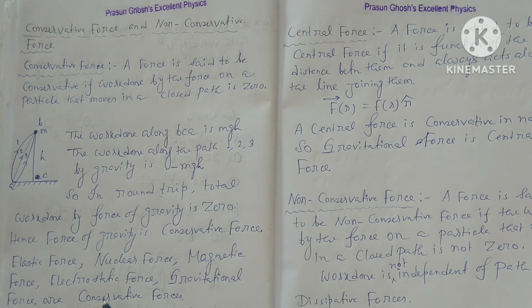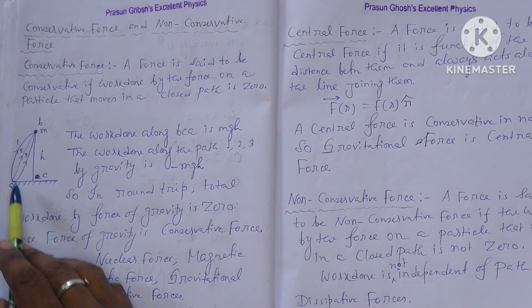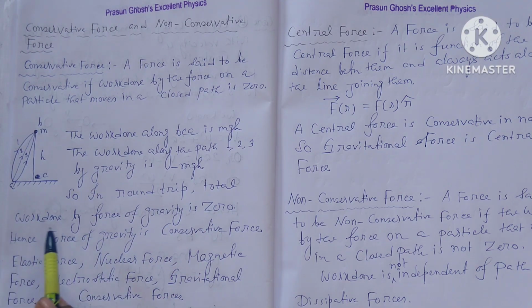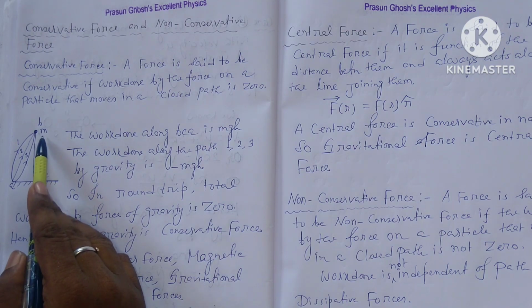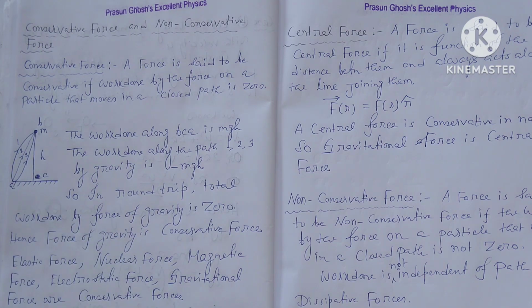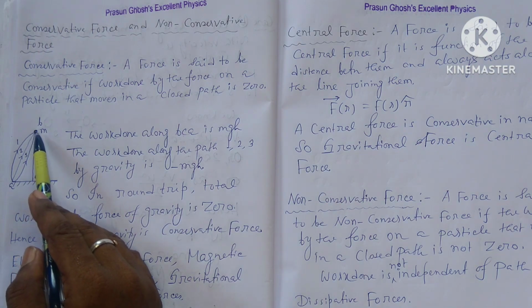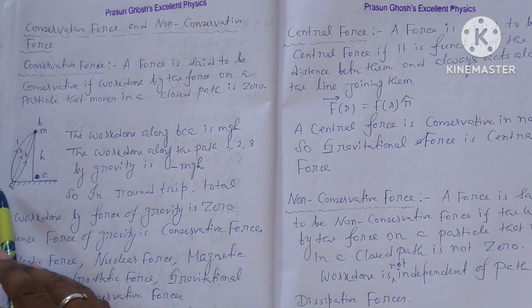Let us consider different paths. This is path 1, this is path 2, and this is path 3, and this is a particle of mass m. Let us consider the path BCA.